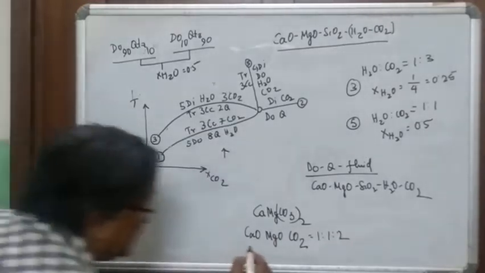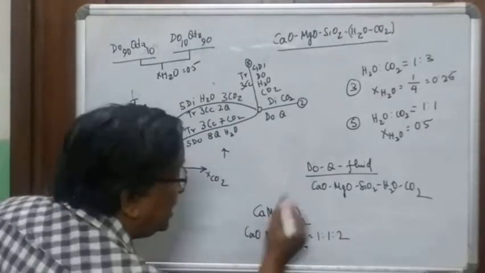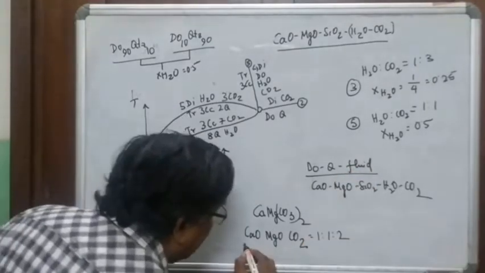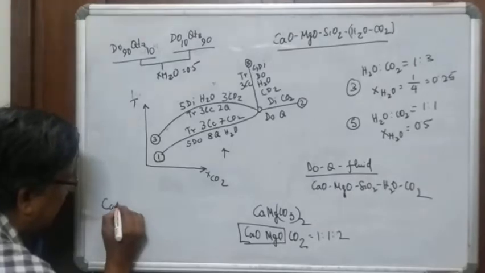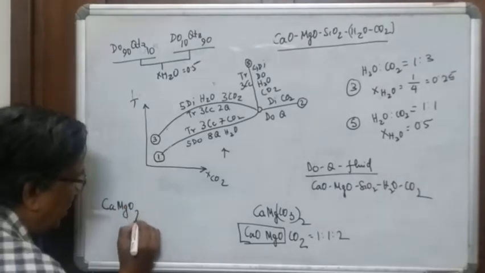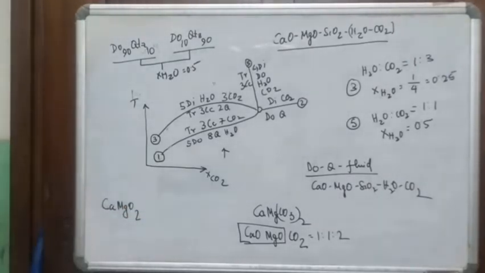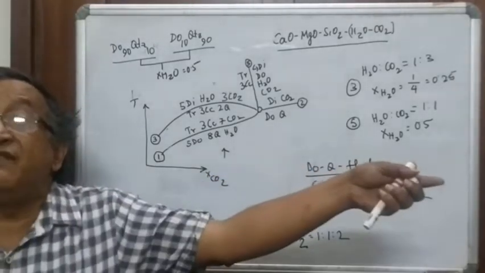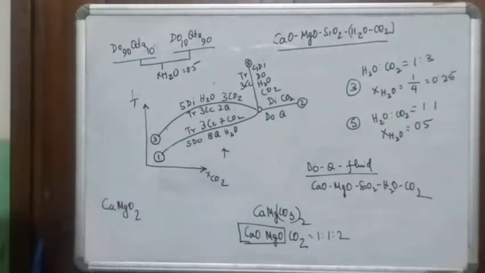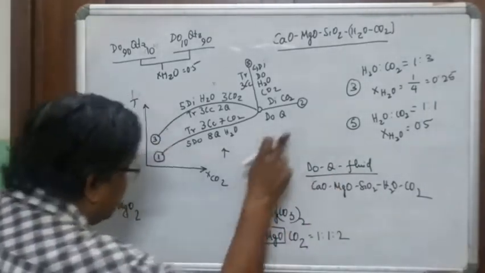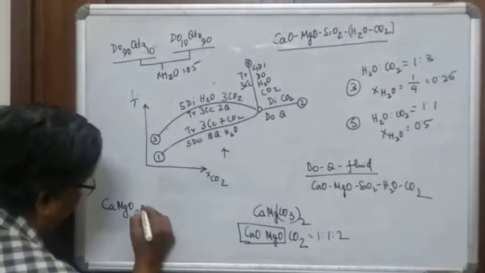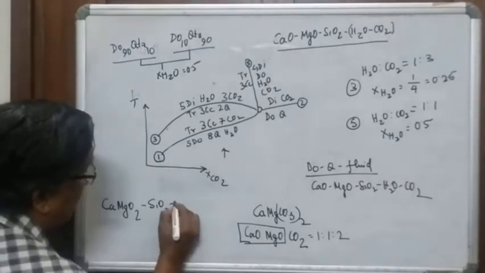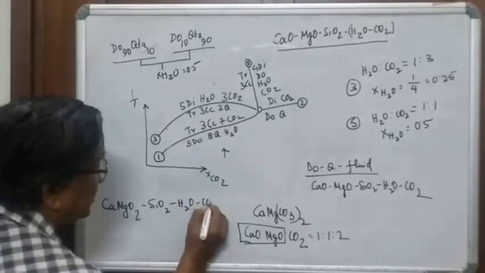Since CaO and MgO do not occur anywhere else, I could take them and put them into one single box, CaMgO2. I don't have to break it anywhere. So for this composition, dolomite is CaMgO2, and if you have quartz, then you have SiO2, and then you have H2O, and then you have CO2.